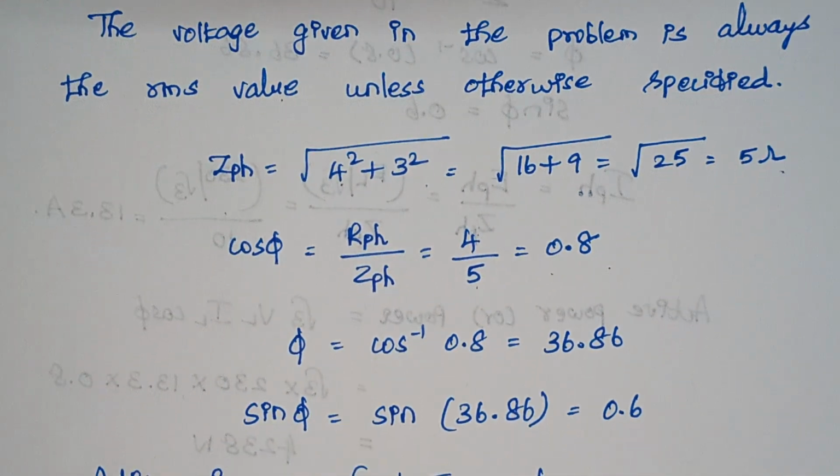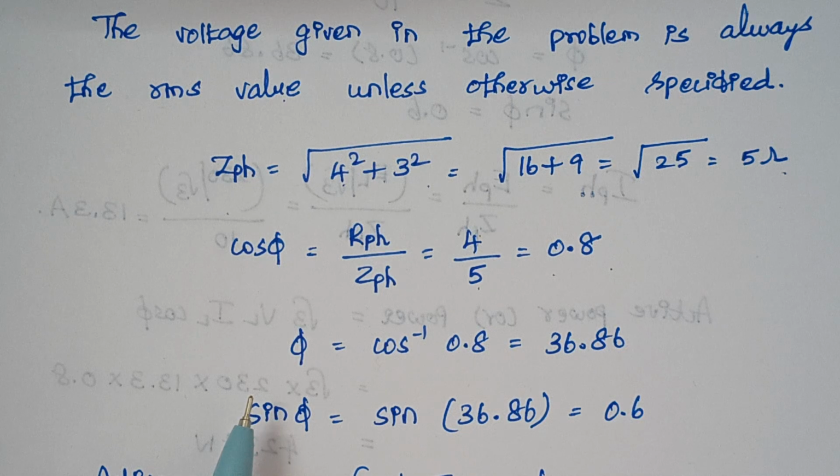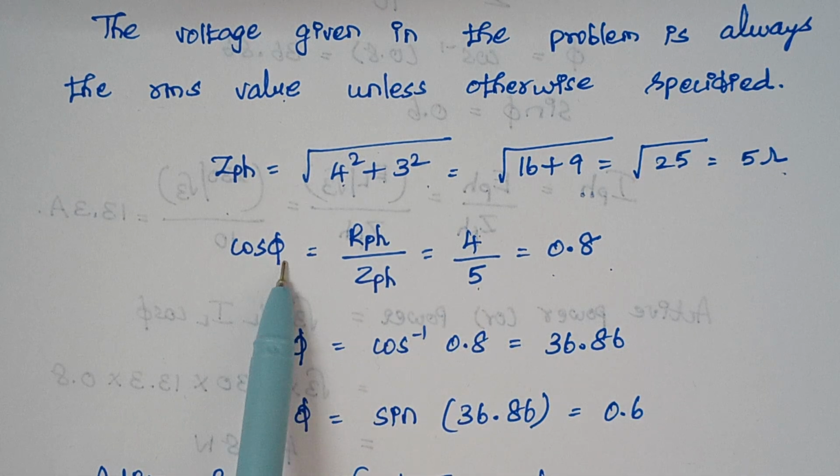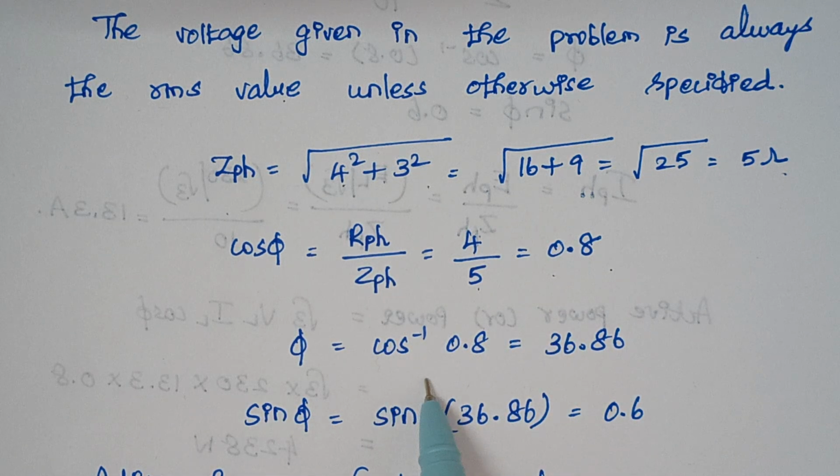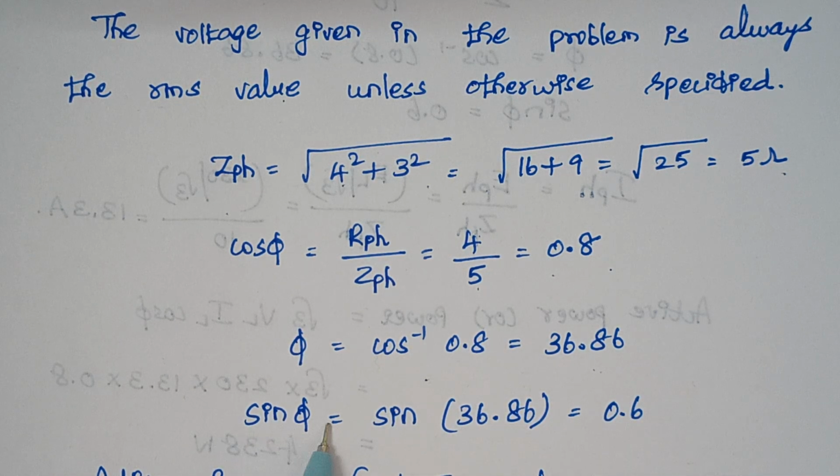From this, we are going to calculate the value of sin phi also. When you move cos to the right hand side, this becomes cos inverse. So phi is equal to cos inverse of 0.8, which is 36.86 degrees. So sin of 36.86 is 0.6.